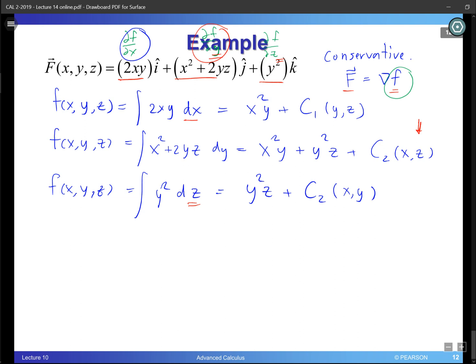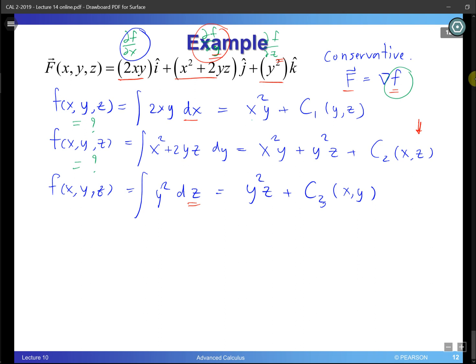Alright, so we have these cases, and we have to find out whether it's possible to make them equal to each other. Can we make these equal to one another? So let's find out. Let's take a look at the common terms.